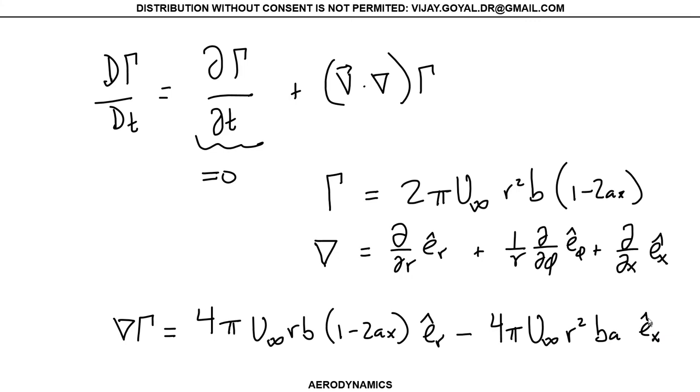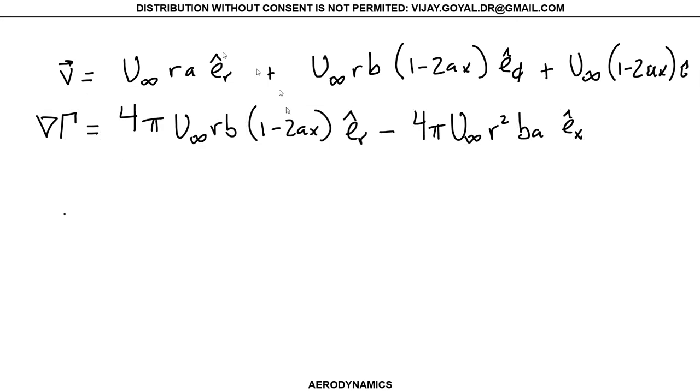Now I take the dot product with the velocity, and I will get the following. I brought all the components here to have them together, and this is the velocity dot the gradient of gamma.